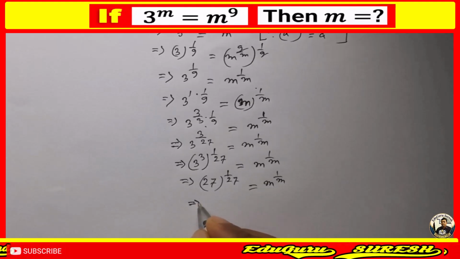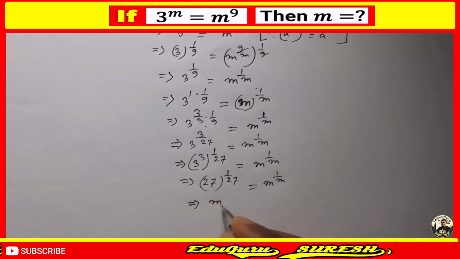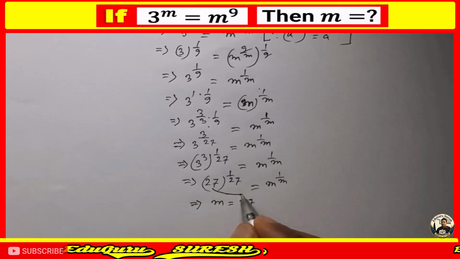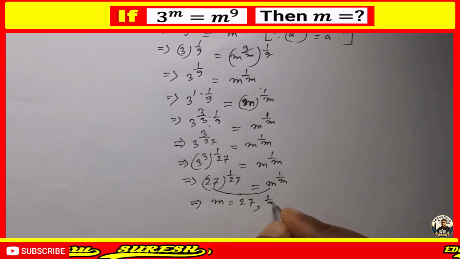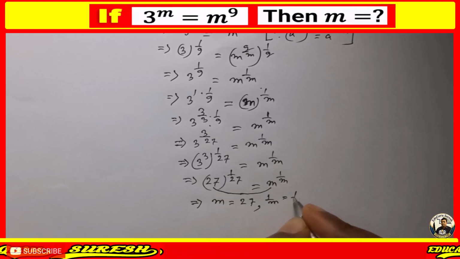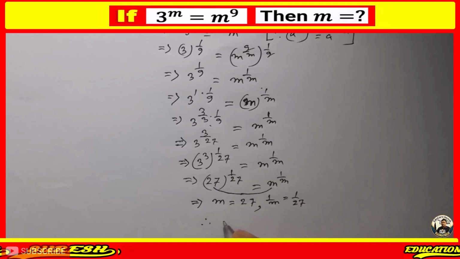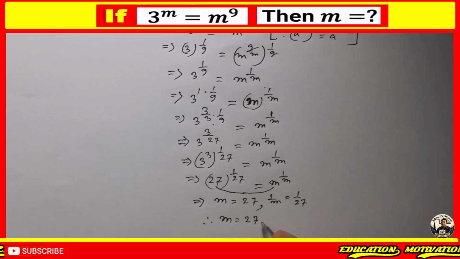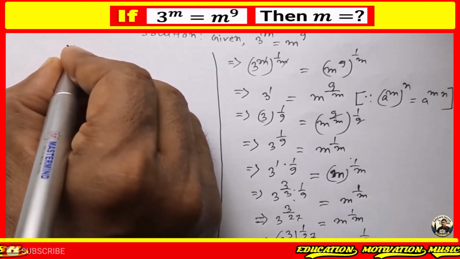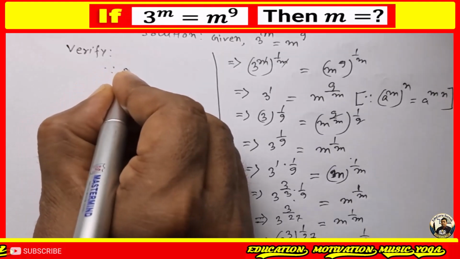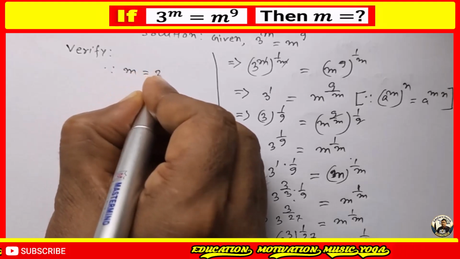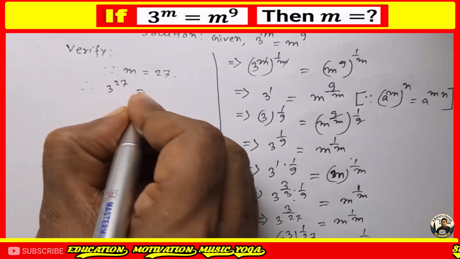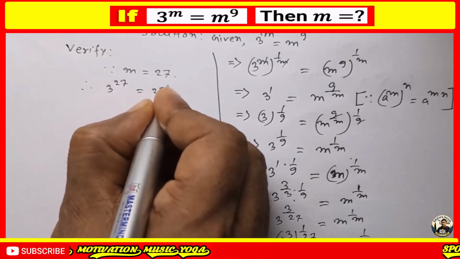So we can say m equals 27, because 1 by m equals 1 by 27. Therefore m equals 27. Now verification.